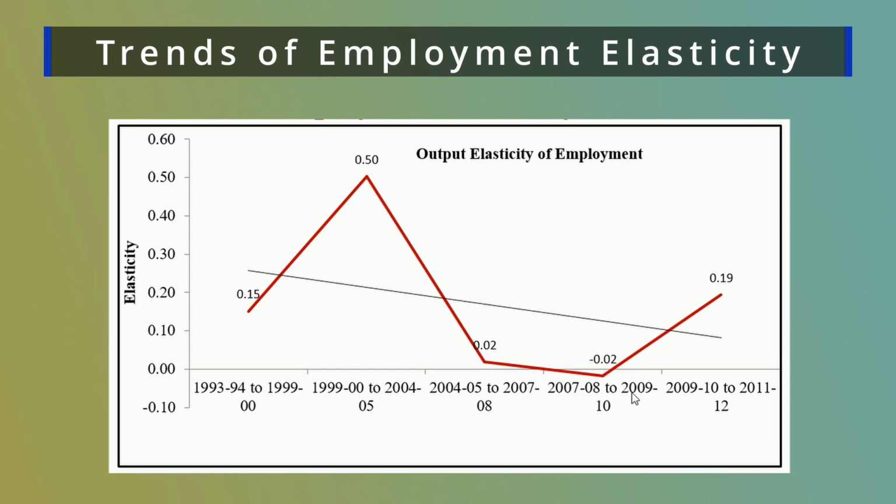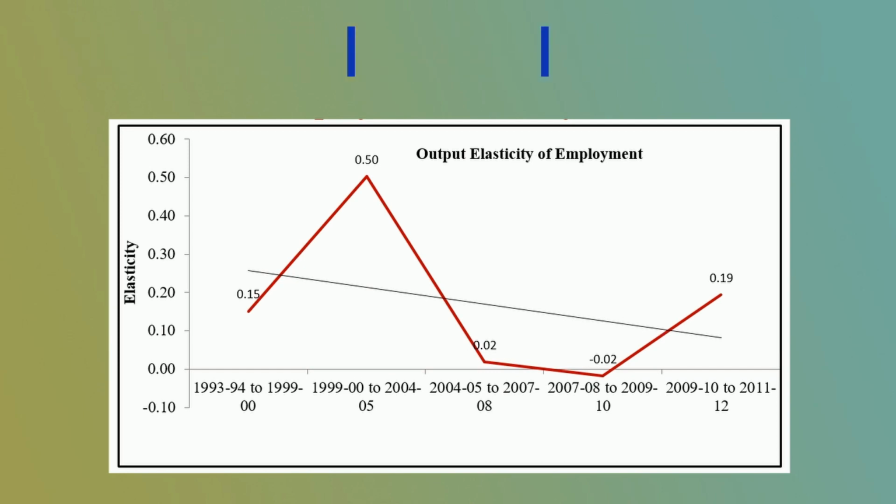The period 2007-8 to 2009-10 was distinct, because here the output elasticity of employment is less than 0. Therefore, this period is witnessed as job loss growth of the Indian economy. That is, during the period 2007-8 to 9-10, Indian economy has experienced a positive growth of output, but the growth rate of employment was negative during this period.